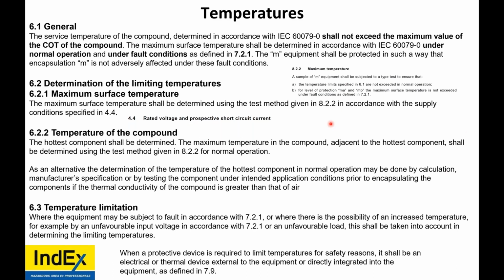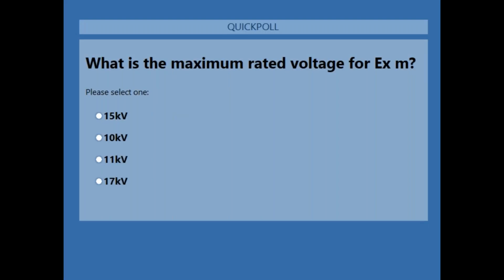Now let's jump into a poll. What is the maximum rated voltage for EXM? Maximum rated voltage. Only one answer. Remember, it was at the beginning of the presentation.